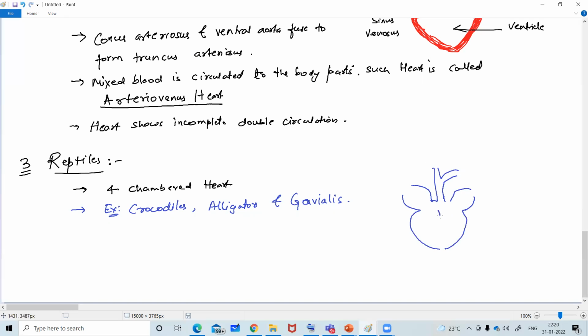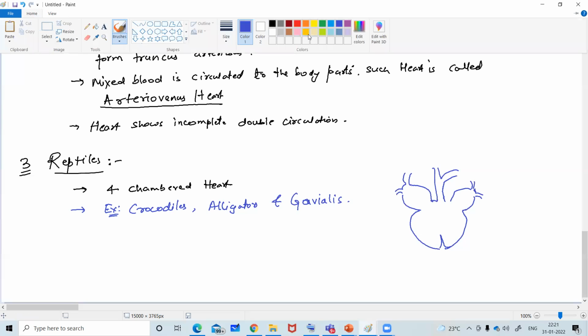There is a thin separation going on, but this separation is not fully present like this. So you can say it is partially present, right? So this is circulation. Now let me draw some other parts. Right, so this is interventricular septum, which is partially present here.